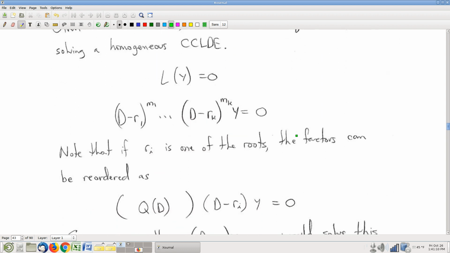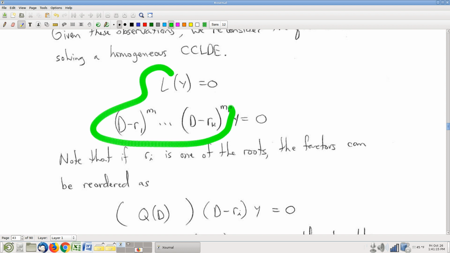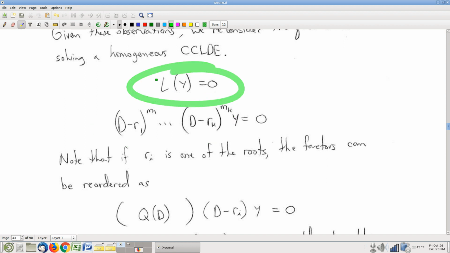And the first thing that we did with that is we observed that L, being P of D, factors just like P, the characteristic polynomial. I could rewrite the differential equation like this, and then I can move these factors around.